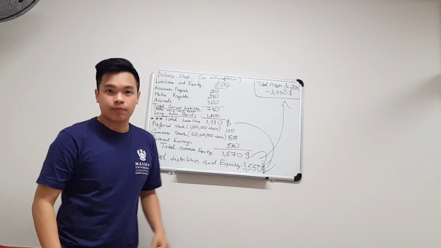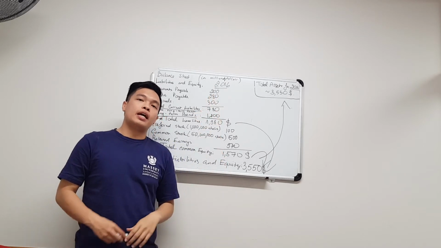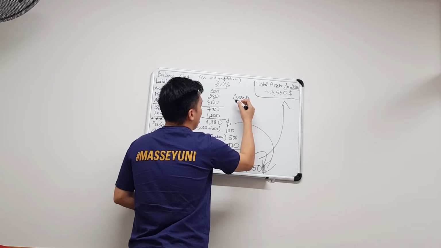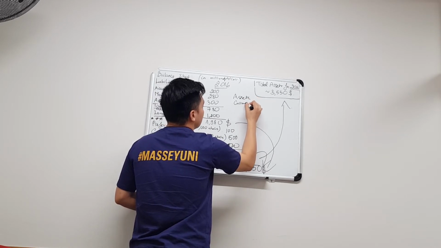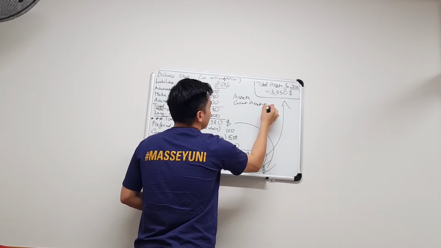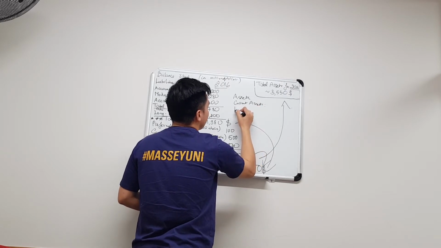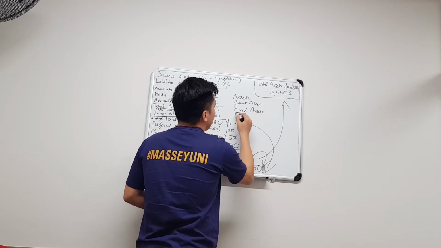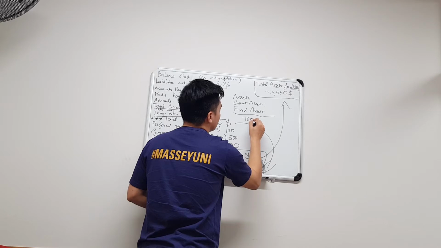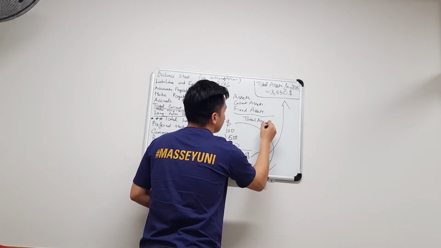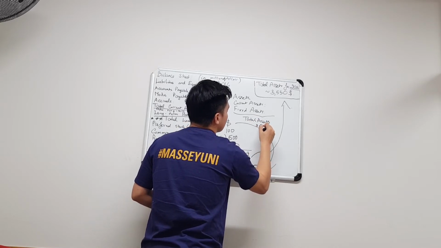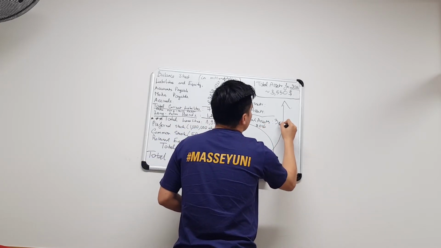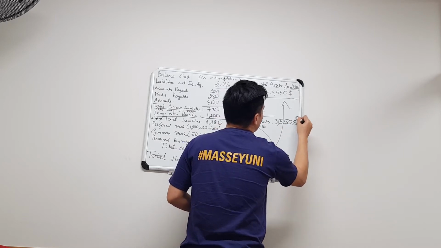In a balance sheet, we have assets. In assets, we have two parts. We have current assets and fixed assets. Then we sum across, and we have total assets here for 2016. In this case it is $3,550.